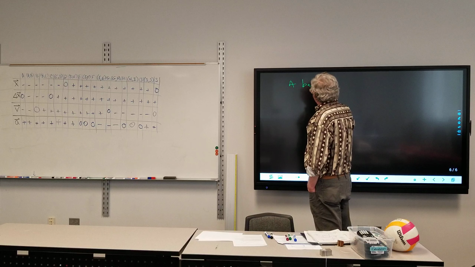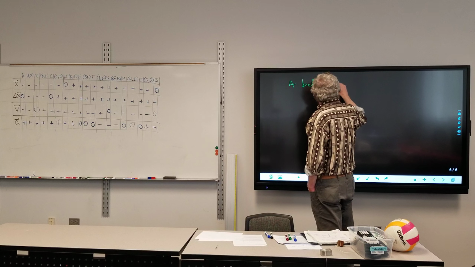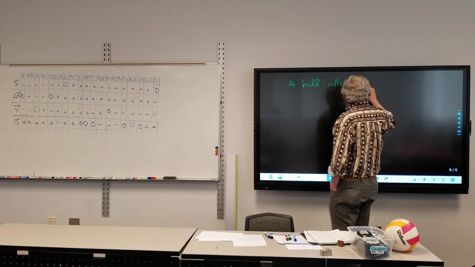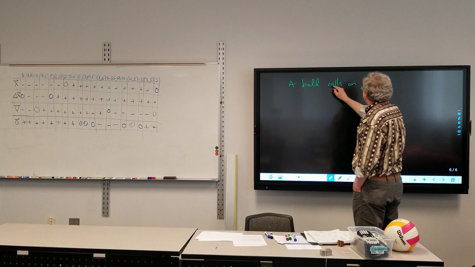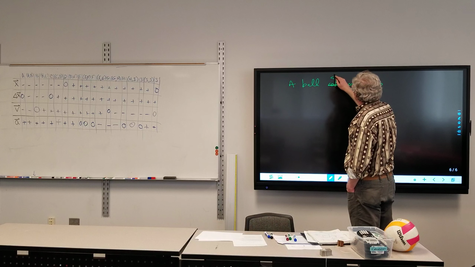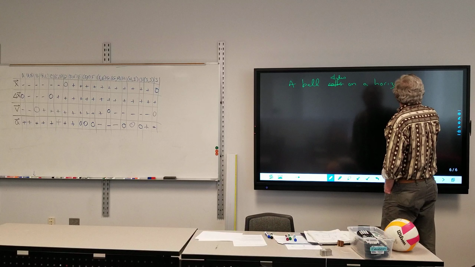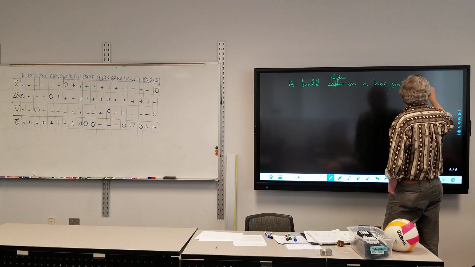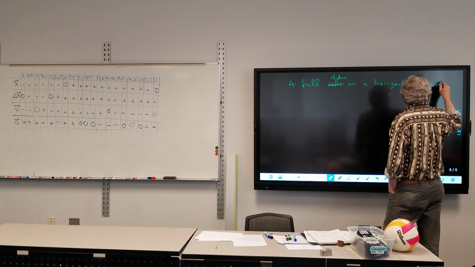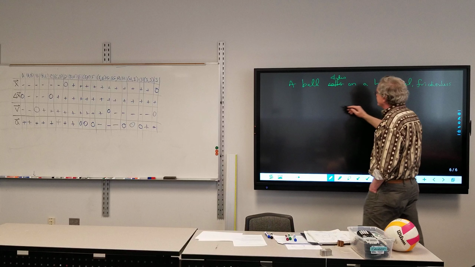A ball slides on a horizontal frictionless surface.